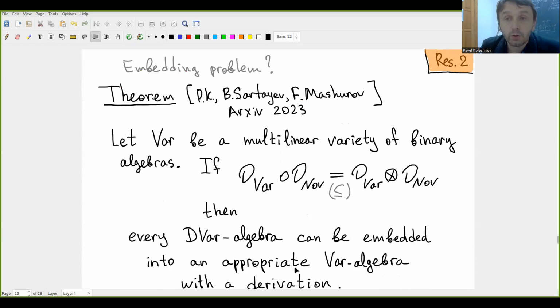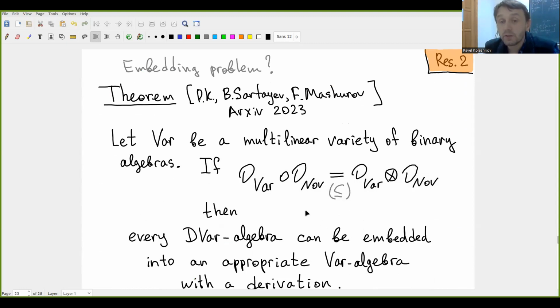Now let us turn to the embedding problem for derived varieties. The sufficient condition for the embedding problem to be solved positively is the following. Suppose the Manin white product coincides with the Hadamard product. In general, let me recall, this is a sub-operad.